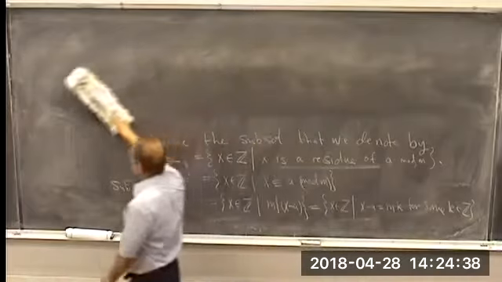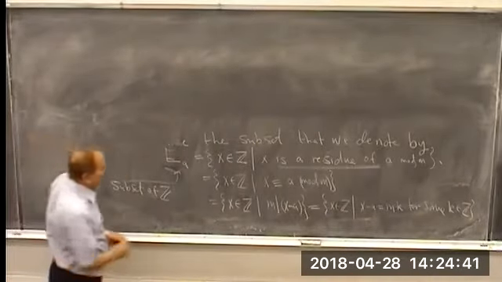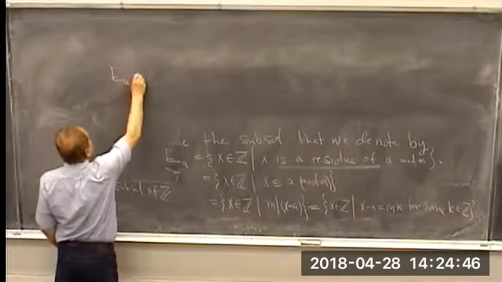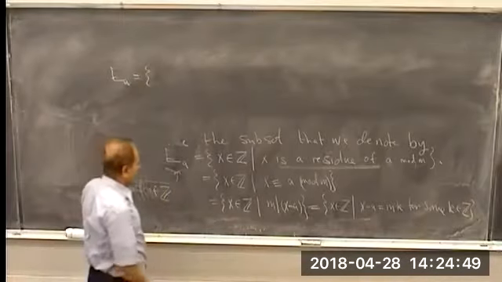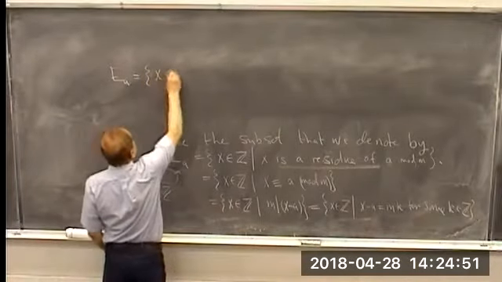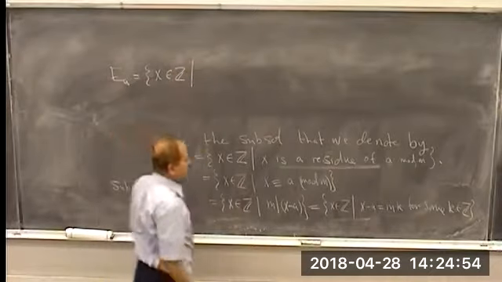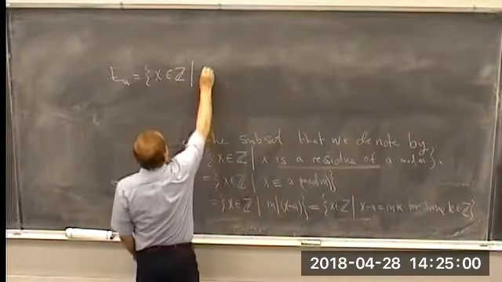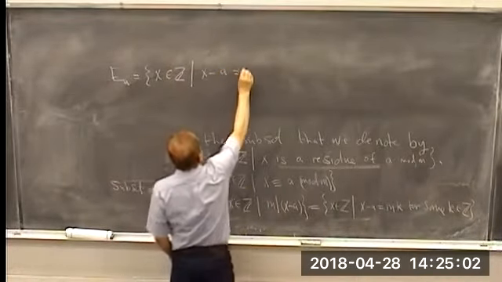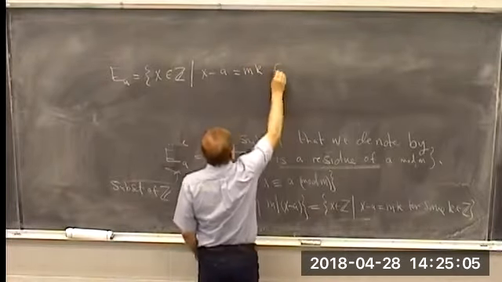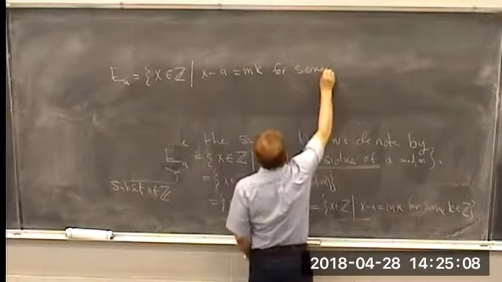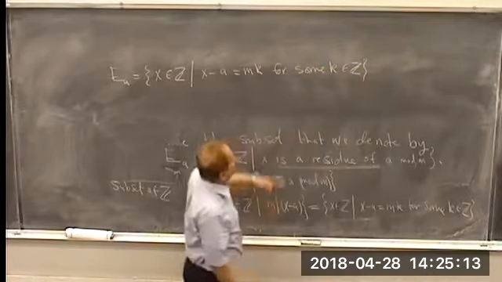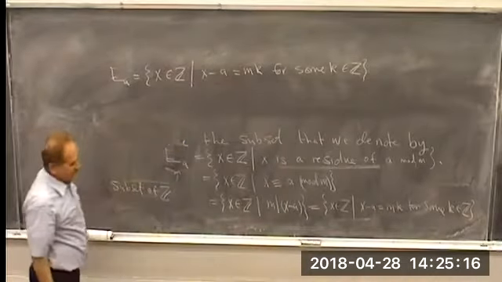All right. Let's do one more step. So this E sub A is going to consist of x in Z such that x minus A is equal to Mk for some k in Z. Now, each k in Z gives us one of the x's.